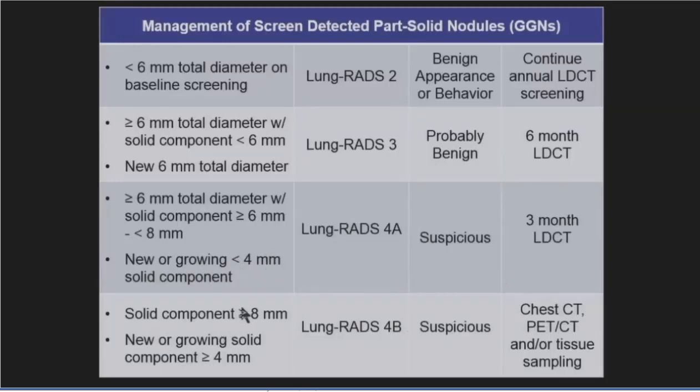But if the solid component is equal or greater than 8 millimeters, or if on follow-up we see that it's new or growing, measuring 4 millimeters or greater, then we're going to call them Lung-RADS 4B, and that's when tissue sampling can be performed.